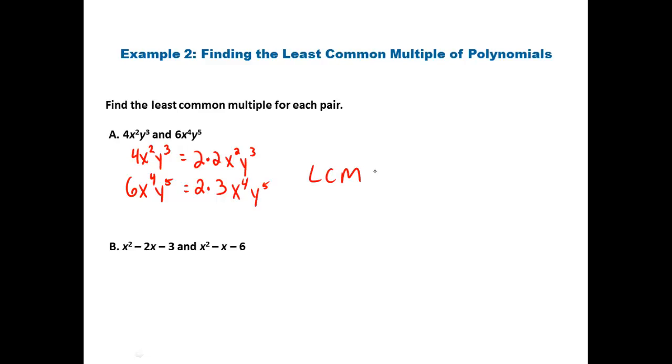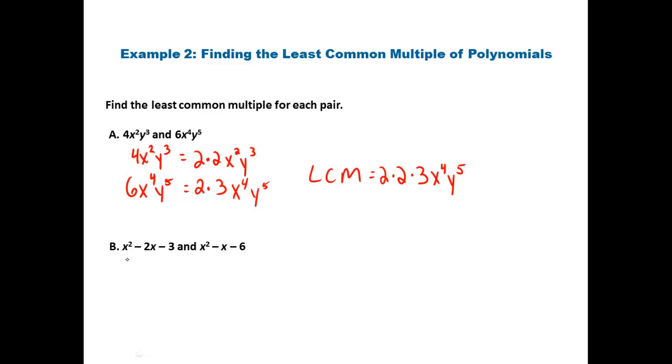So for the least common multiple, we would take both 2's from the 4, the 3 from the 6, and then the x to the 4th, y to the 5th, because those are the largest exponents. That would be our least common multiple.